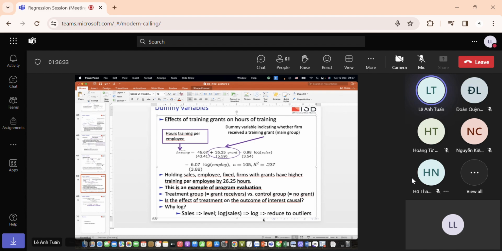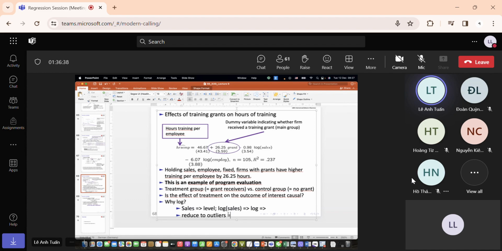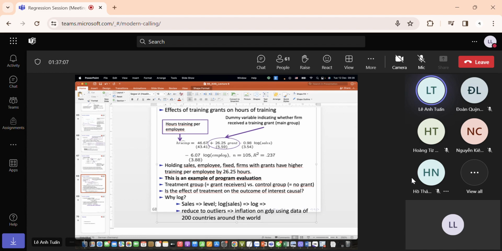Actually, there are several reasons, right? To reduce the outliers, because, for example, suppose that you would like to investigate the impact of inflation on GDP, and you use the data of, for example, 200 countries around the world. You will have many developing countries and many developed countries.